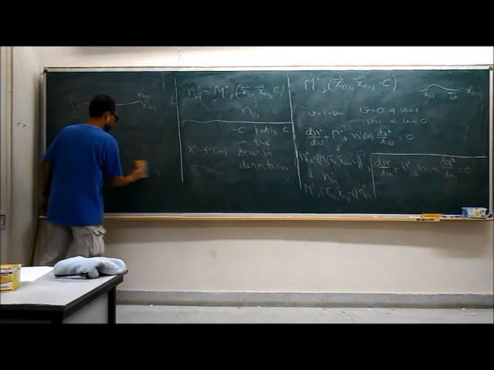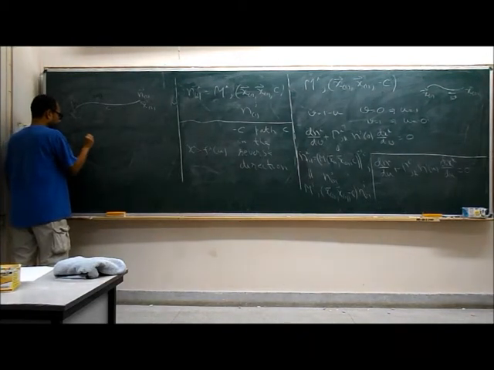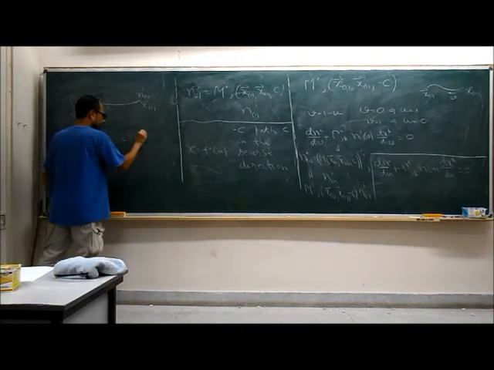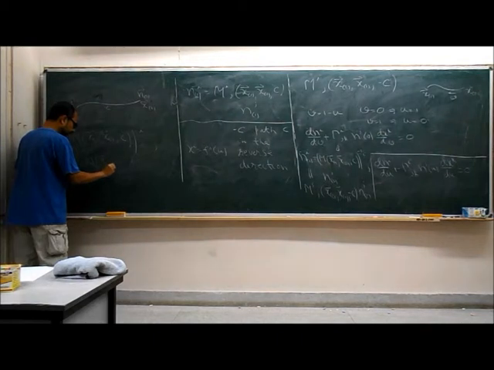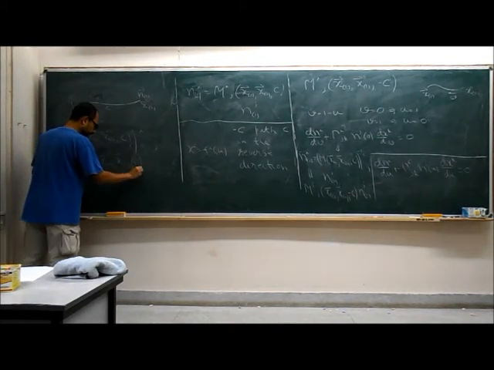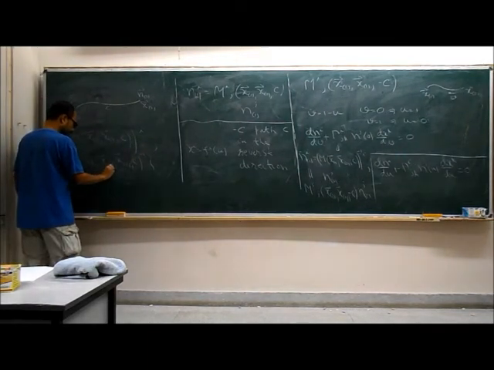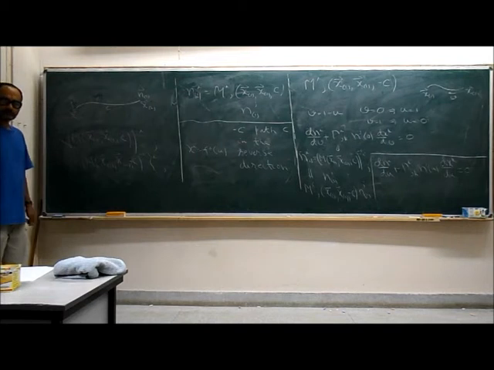So let me write it here. We get that the ij component of M(x1, x2, C) is M(x1, x2, C) inverse, M(x2) inverse ij. Is this clear?